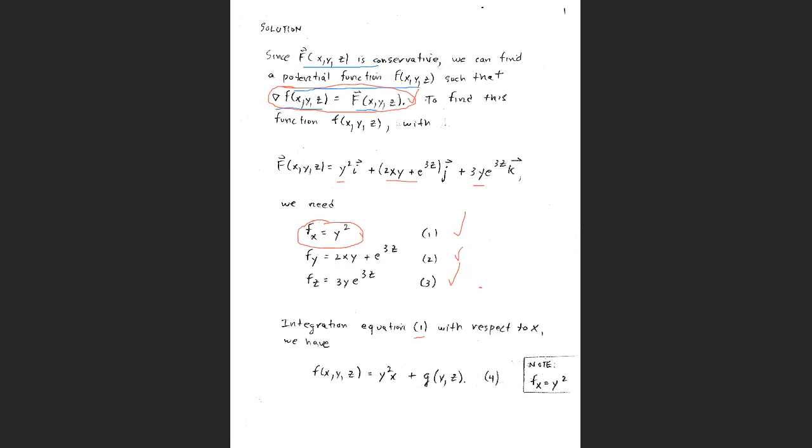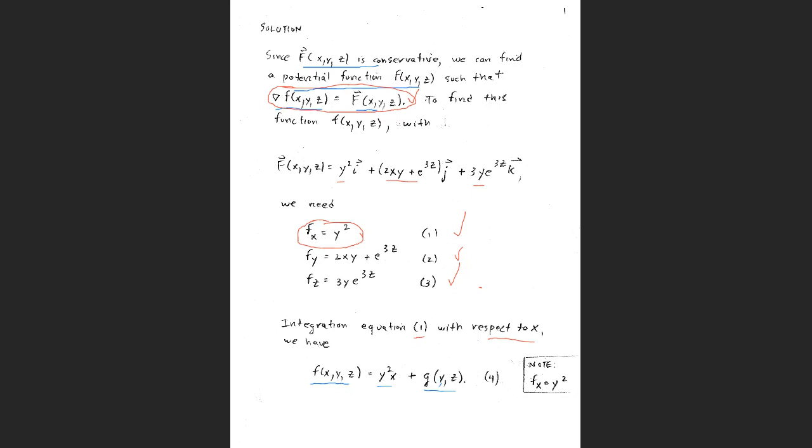So what we're going to do is integrate that equation with respect to x. Well, the integral with respect to x of the partial derivative of the function with respect to x would just give us back our function. So the function f of x, y, and z will equal y squared times x plus a function g of y and z.